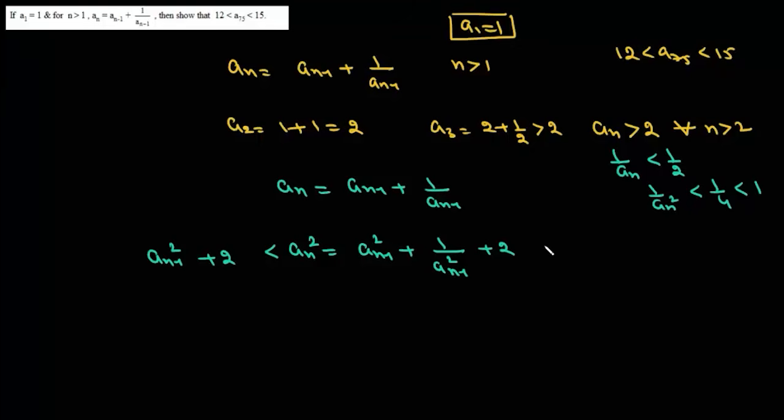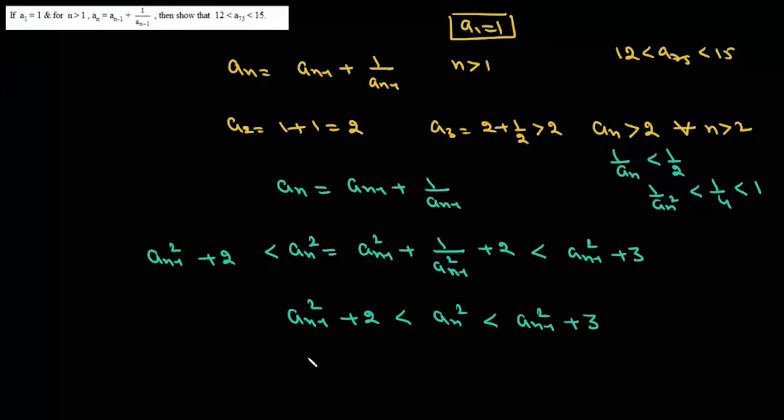So we can write it will be less than an minus 1 square plus 3. So from here we can write an minus 1 square plus 2 will be less than an square, and will be less than an minus 1 square plus 3.